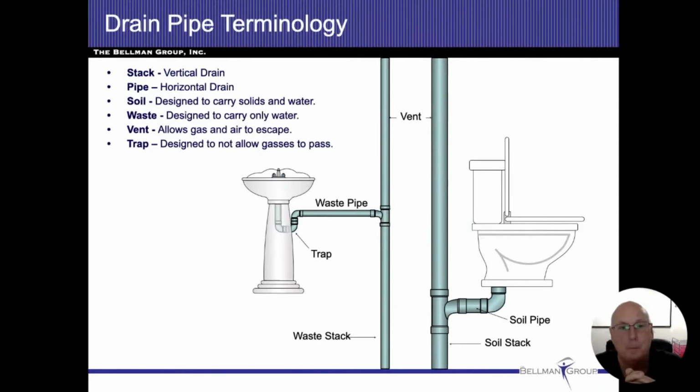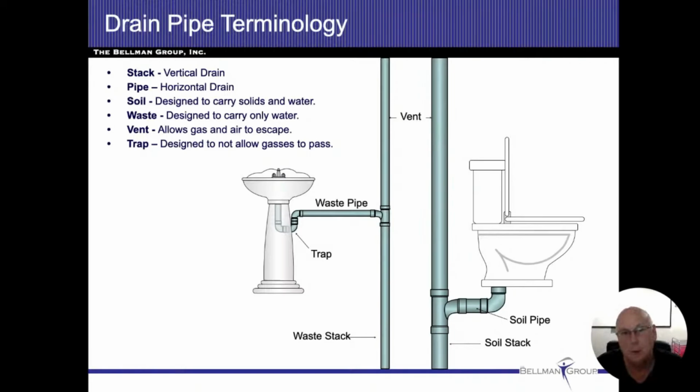If it's poop or solids of any type, such as what's coming out of the toilet, we're going to use the term soil. So anything that flows horizontal out of the toilet is our soil pipe. Anything that goes up and down and solids flow through it is our soil stack. The term waste gets used for water only or liquids only. So if it's a kitchen sink or a slop sink or a laundry sink, those are waste lines.